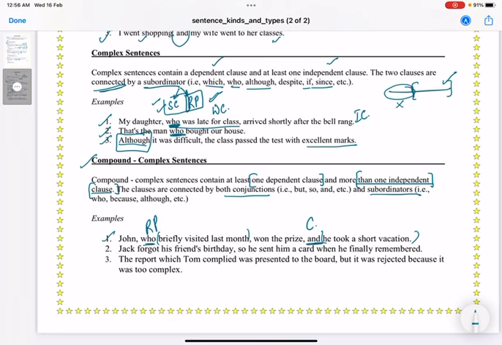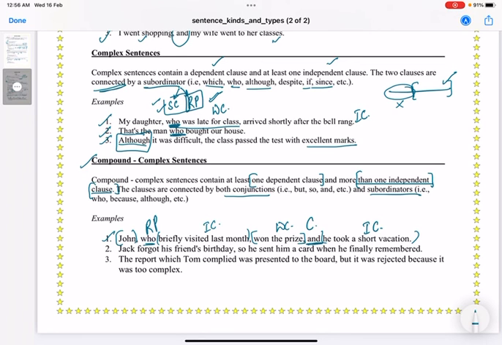So, short vacation is the independent clause, because if I connect John, John took a short vacation or he took a short vacation, this is one independent clause, right? And dependent clause, won the prize. Briefly visited last month, again one more independent clause. So that's the criteria, that we need to have our independent clause. More than one can be there, but one dependent clause should be there.